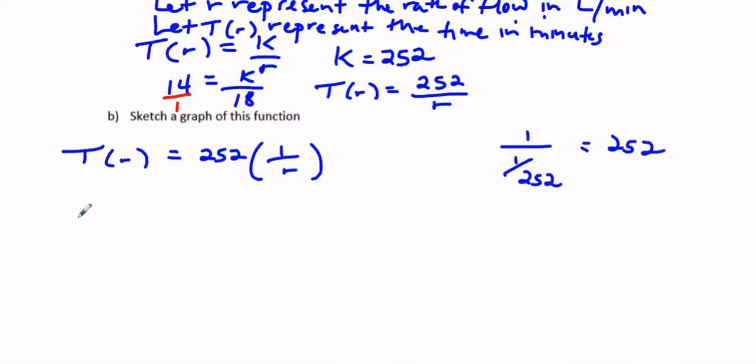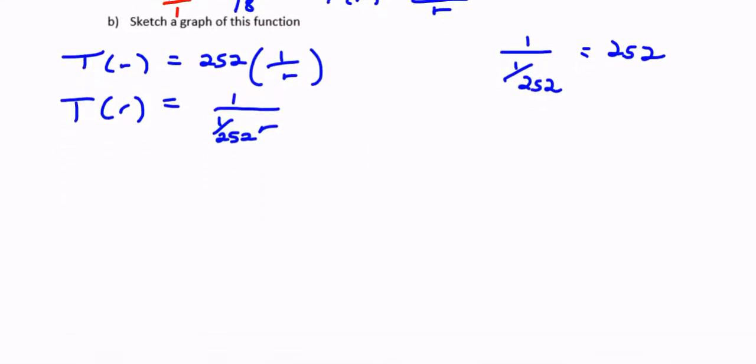All that to say that I can rewrite this as t of r equals 1 over 252 r. So if I wanted to use our rules for generating the graph from the linear function, our linear function would be 1 over 252 r, and then we could generate the graph from there. So two ways to graph this, but because we've done it sort of this way by graphing the linear first, we'll go ahead and do it that way.